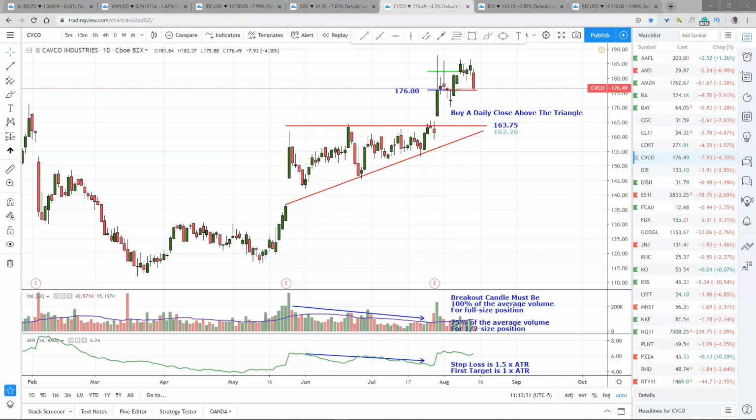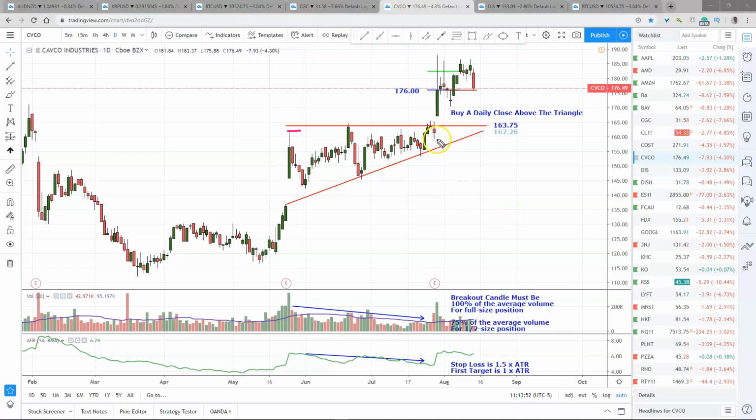Remember I said that a line is never just a line, it's always a zone. Here's a situation where price didn't quite reach that level, but here's a situation where it pushed way through it, and didn't quite reach it here, but pushed through it over here.